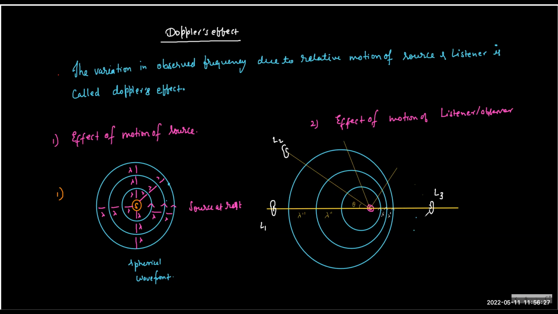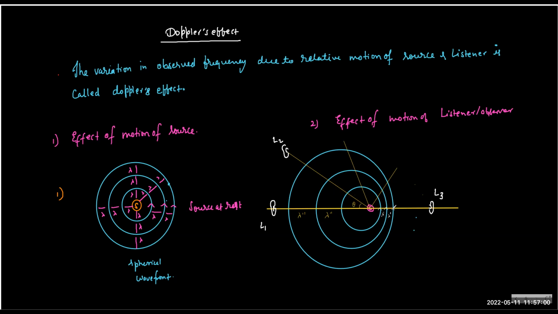Who is going to receive the smallest wavelength? The answer is L3. And who will receive the biggest wavelength? L1. Am I audible? Yes, sir. So the biggest wavelength will be received by L1 and the smallest by L3. Understood? In between by L2.